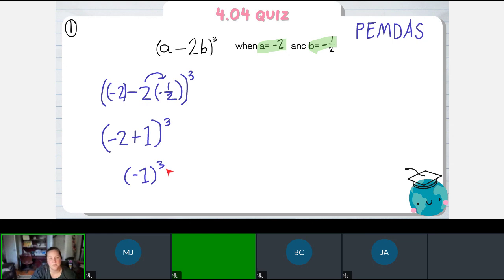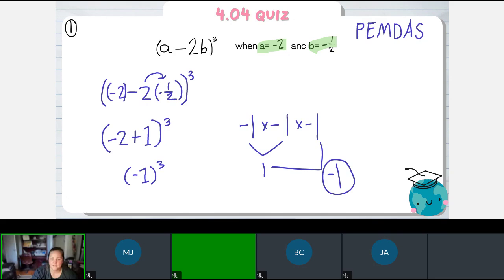This 3 is an exponent. That tells you how many times you multiply this number by itself. So we have -1 times -1 times -1. Okay, -1 times -1 is +1. And then +1 times -1 is -1. So that would be your final answer.